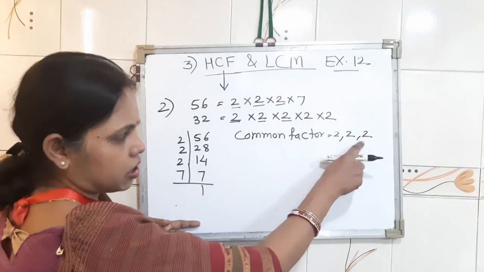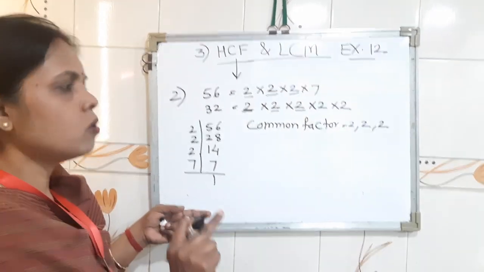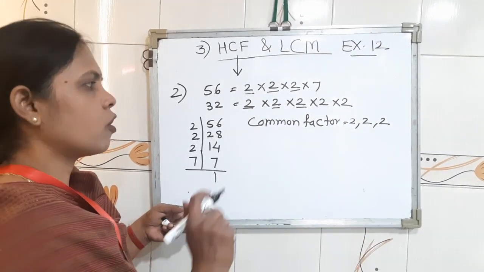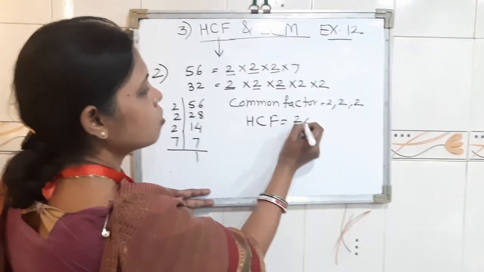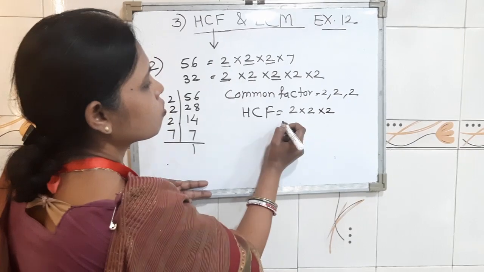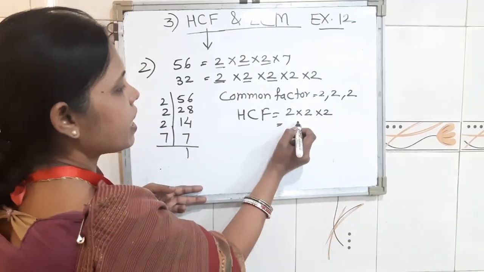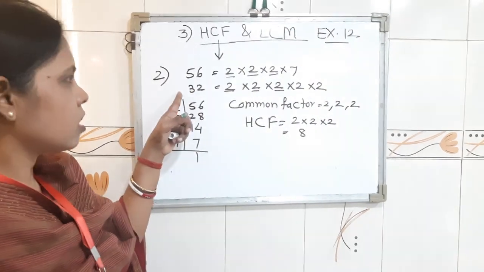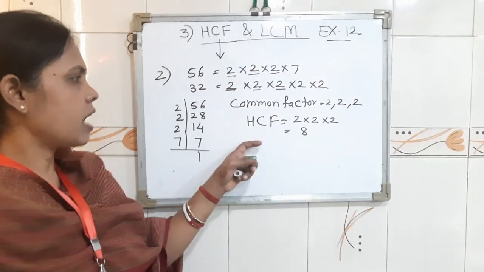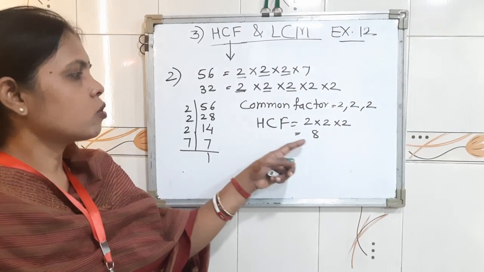All these 3 times we got 2 as a common number. Therefore for HCF we will write 2 into 2 into 2. Means 2 2s are 4, 4 2s are 8. For the given numbers 56 and 32 we got the HCF equal to 8.